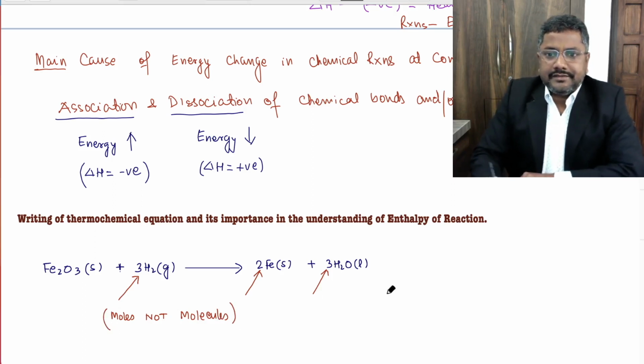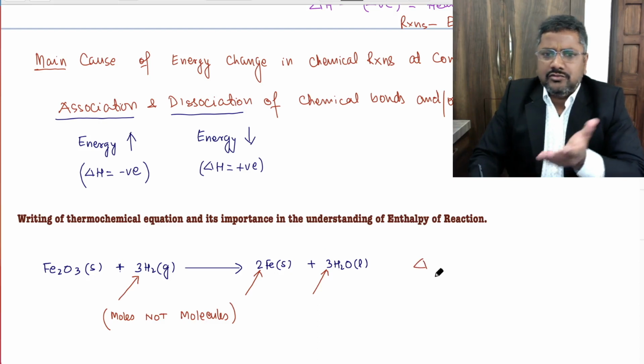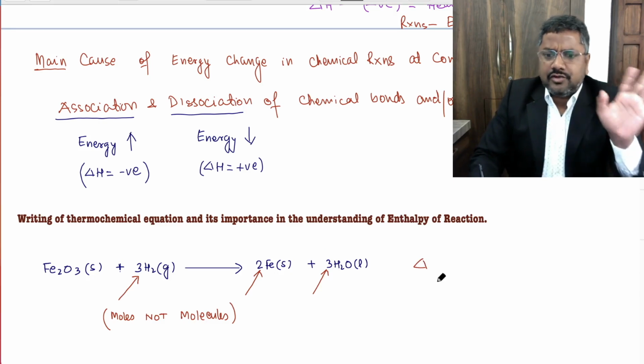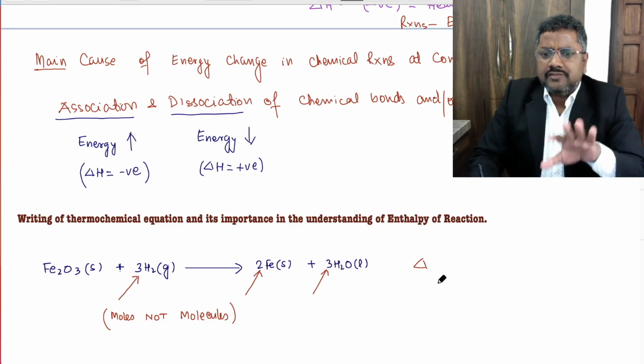And suppose that delta H of this reaction. Why am I talking about delta? As you know, like internal energy, we can measure the difference, right? The reference is the same, 0 Kelvin. So we always prefer to measure the difference, not the absolute value.